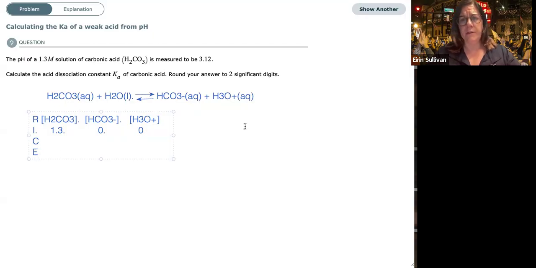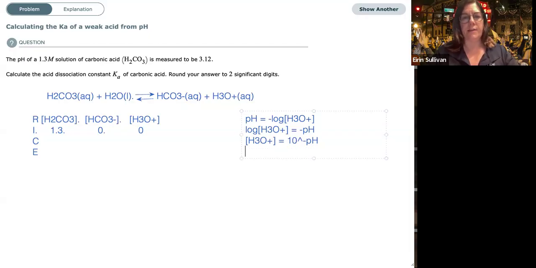However, because we know the pH, and pH is minus log of the concentration of the hydronium ion, we can rearrange that. So log of H3O+ is going to be minus pH. So do 10 to the power of each side. 10 to the power of log just gives me hydronium, and that will be 10 to the power of minus pH on the right hand side.